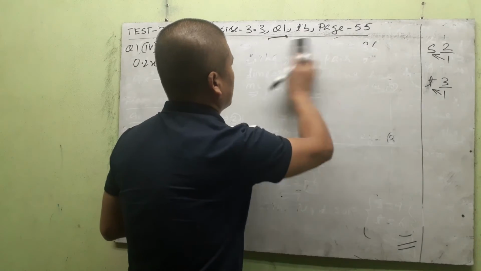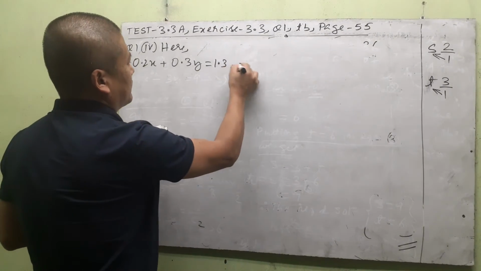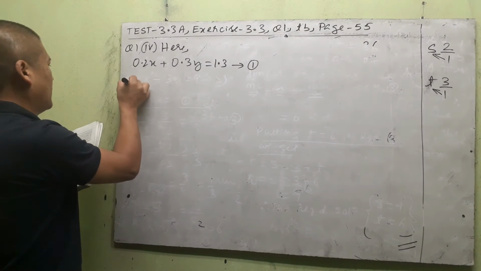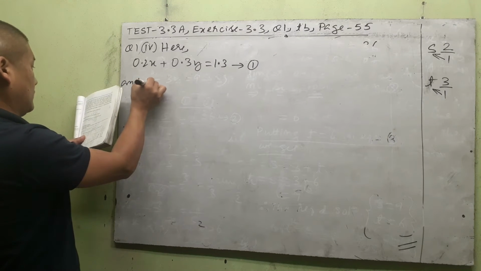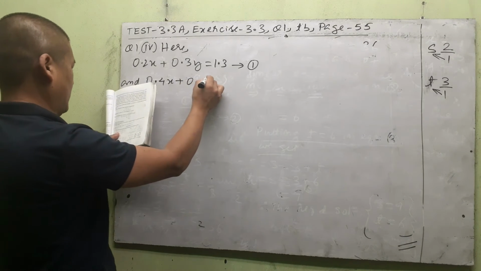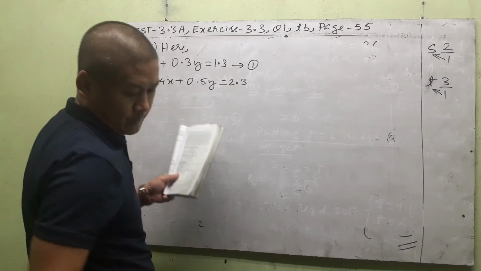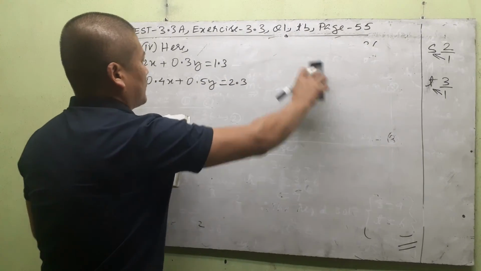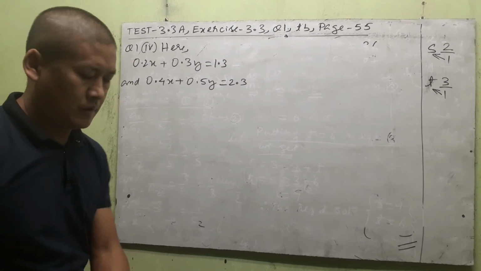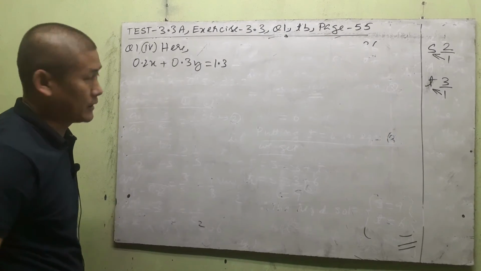So we can just keep it like that and put this one as equation number 1, let us say. And then 0.4x plus 0.5y is equal to 2.3. Or you can just avoid putting also for now. So we will just wait and deal with the first one.